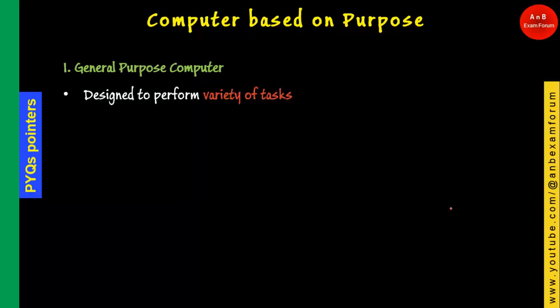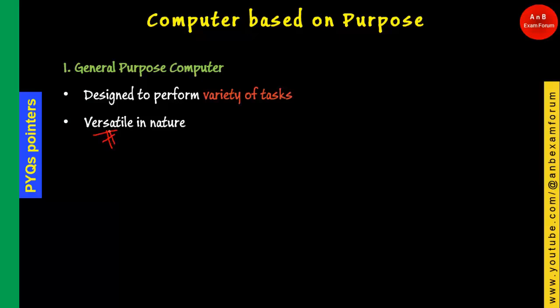Now let's classify computers based on purpose. The very first one, a very simple one, is the general purpose computer. As the word itself suggests, it is designed to perform a variety of tasks, and basically it is versatile in nature. As I told you in the previous chapter, versatile means which can do a variety of tasks.